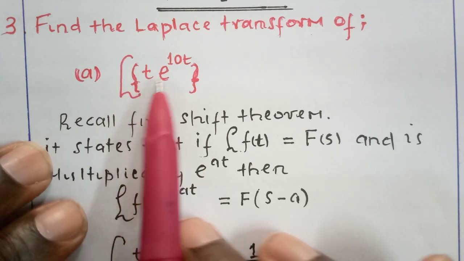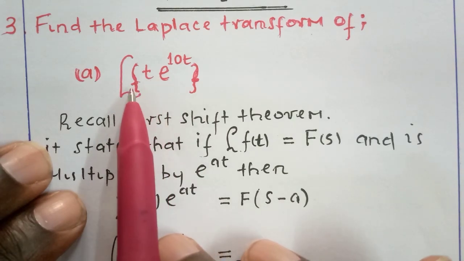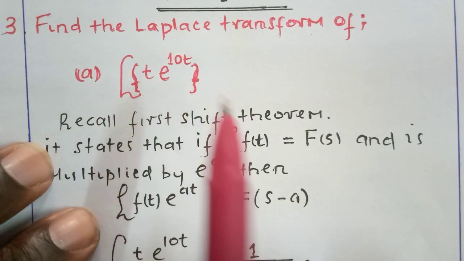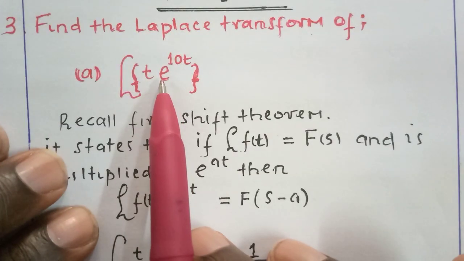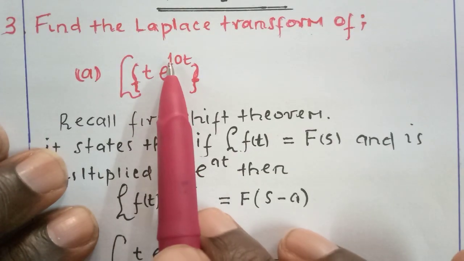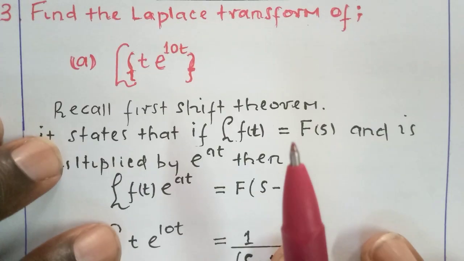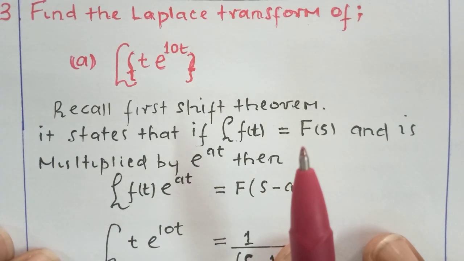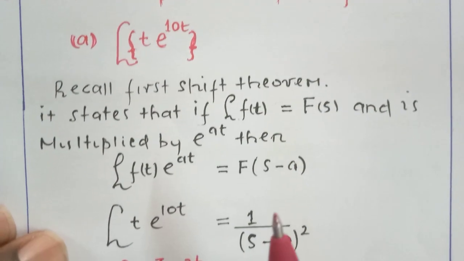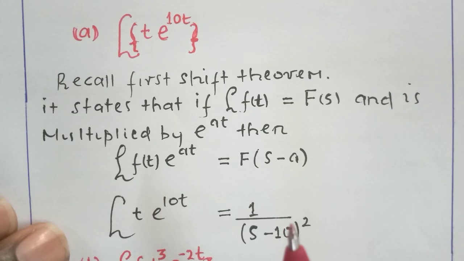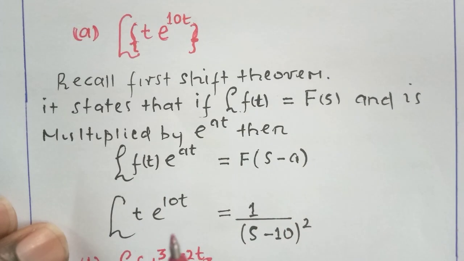When we find the Laplace transform of that, it is the Laplace transform of t multiplied by e raised to 10t. This is how we do it first, guys. We want to use the first shift theorem.